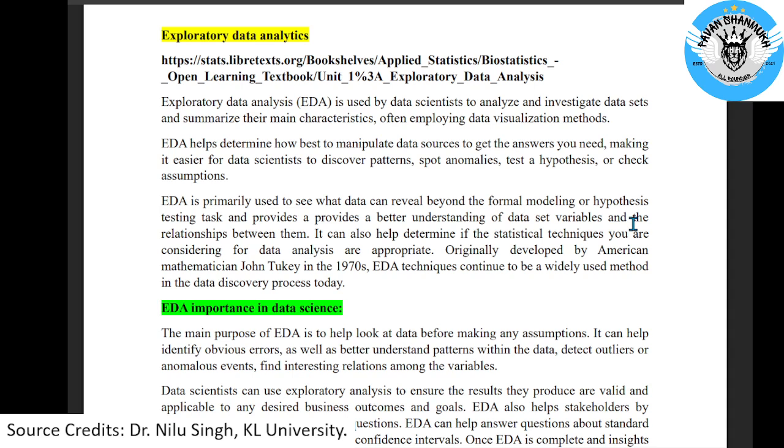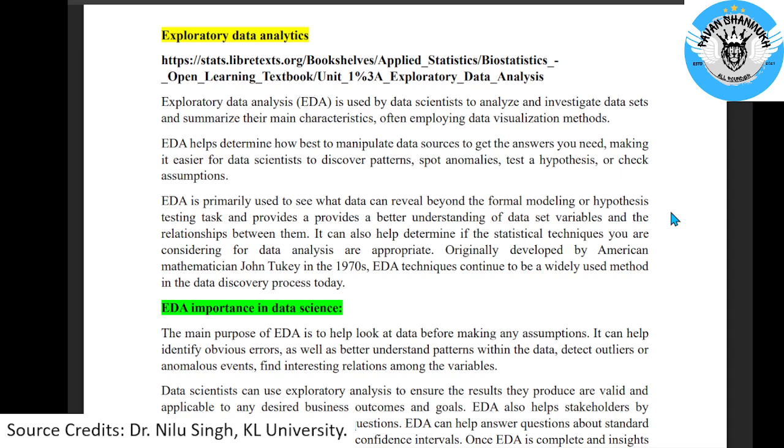So then the task provides a better understanding of the data set variables and the relationships between them. So here, when we go beyond the boundaries, we find new patterns, new hypotheses, everything new. Unless we go beyond, we find nothing.